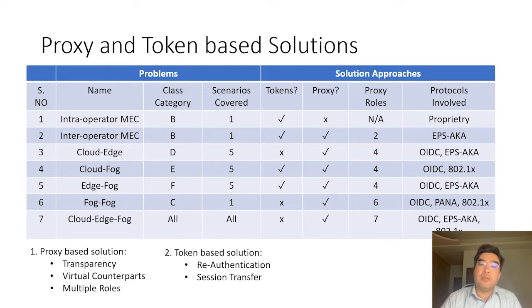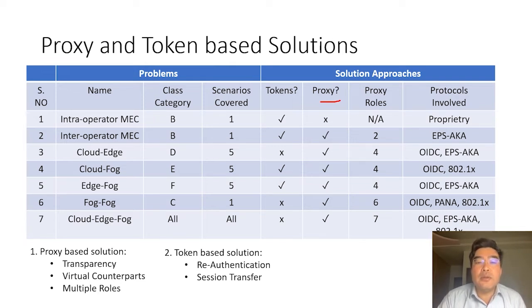That's job number 1. In order to be transparent, we adopt the proxy approach. With the proxy approach, I only need to add an entity between 2 service providers, and then I can federate them together without changing their network or their protocols. That's what we try to do.